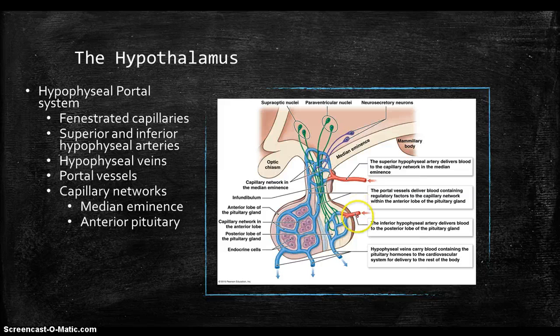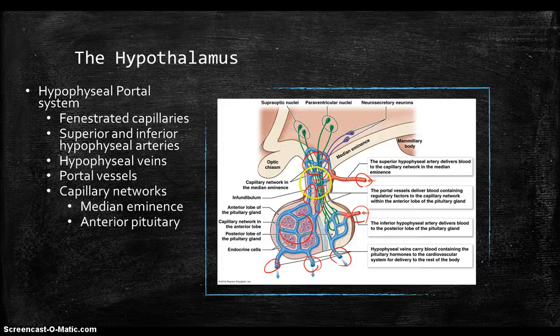This system is fed by a superior and inferior hypophyseal artery and is drained by hypophyseal veins that then carry the hormones from the pituitary to the entire body. Portal vessels are these that connect the two that we are seeing here, the two separate capillary networks.